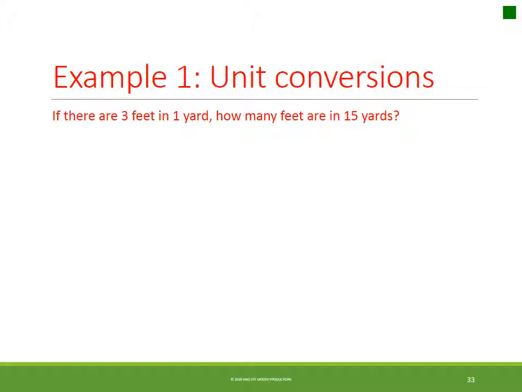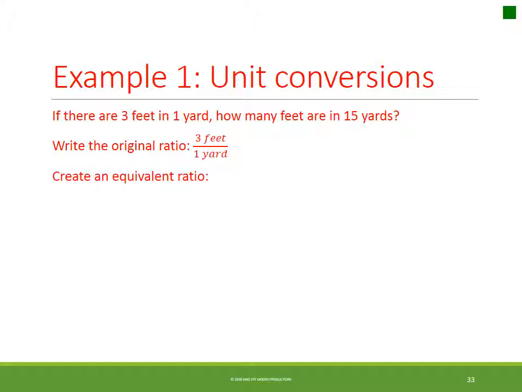With all ratio problems or unit rate problems, we want to set up or write our given ratio. Whatever the complete ratio is that we are given, we set that up first. So our original ratio, quantity 1 is feet, quantity 2 is yards, and we're told there are 3 feet for every 1 yard.